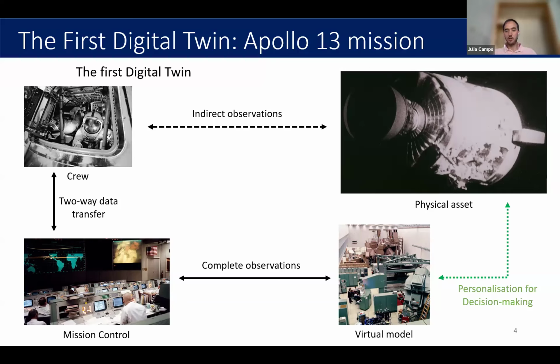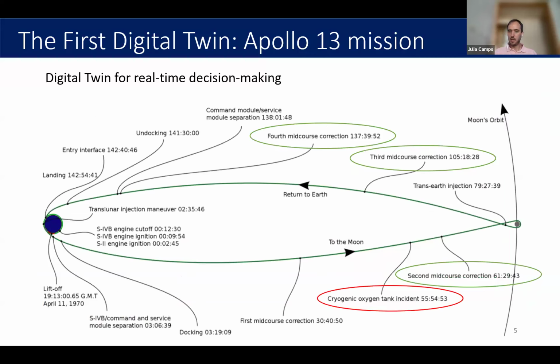Okay, so through this workflow and this protocol, they were actually able to correctly identify like the state of the spacecraft, make their calculations, and they were able to inform the astronauts on how to perform the maneuvers manually to come back to Earth safely.